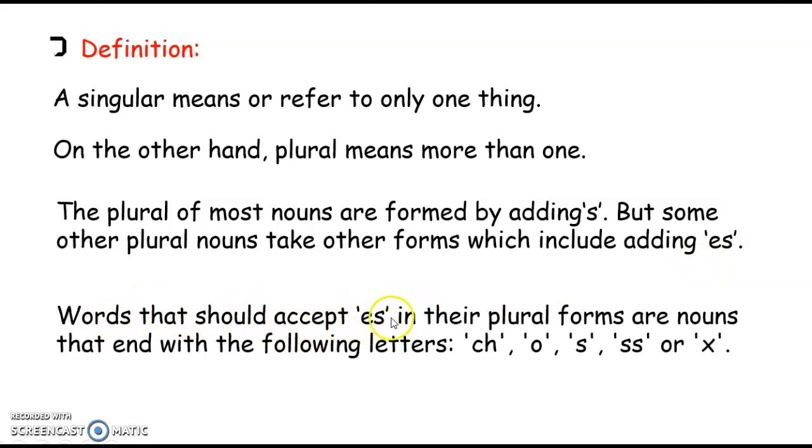Words that should accept es in their plural forms are nouns that end in the following letters: letters ch, letter o, letter s, letter ss, or letter x. These five sets of letters, when they end any of the nouns, then when writing their plural forms, we need to add es.